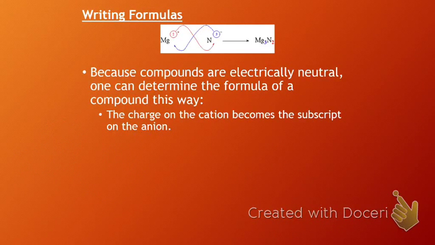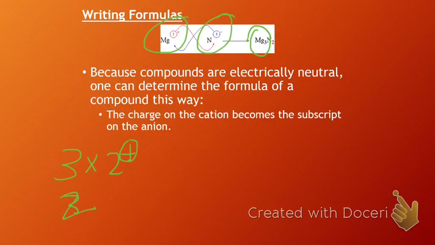The example that they're showing here is where we have magnesium, which is a 2 plus, nitrogen, which is 3 minus, and so this is where the nitrogen ends up needing 2 for the compound, and magnesium needs 3, because if you do it mathematically, you have 3 times 2 plus, and 2 times 3 of the negative charges.